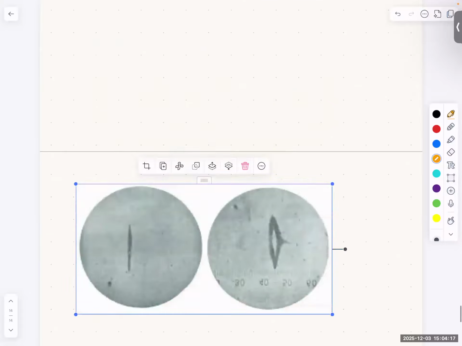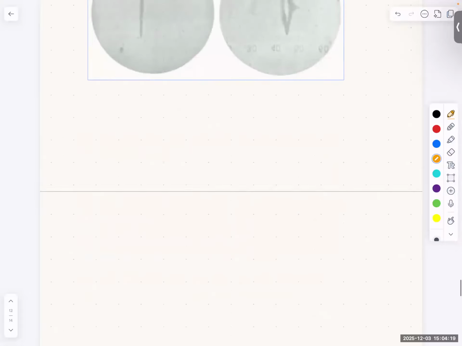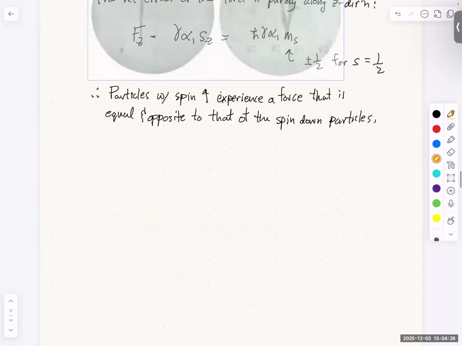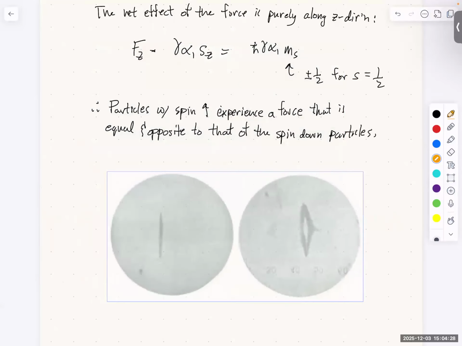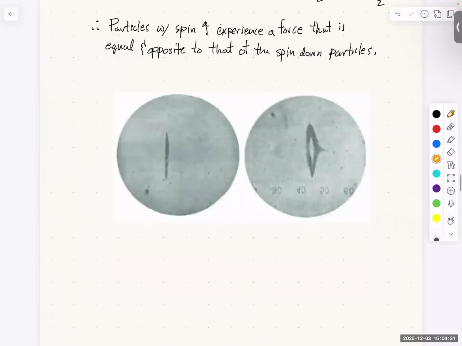Here it is. So this is actual data from the original Stern-Gerlach experiments.